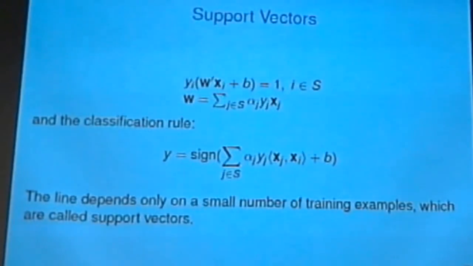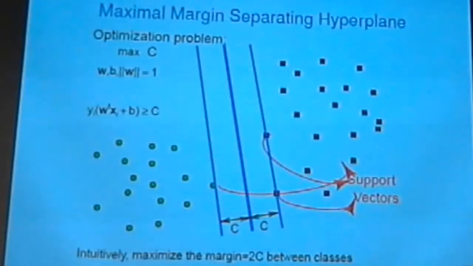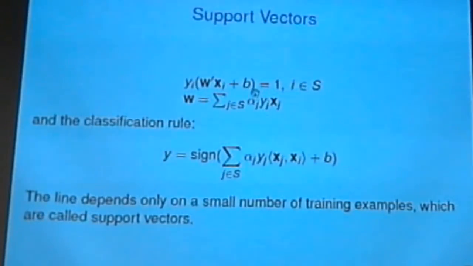On the other hand, on this line, W transpose x plus b is negative 1, and y on this side is negative 1, so the product is positive 1. So support vectors are those feature vectors satisfying this condition.